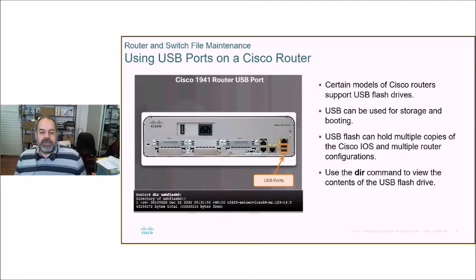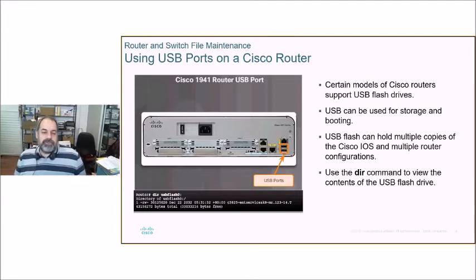You can use USB ports as well. And so our 1941s have USB ports on them, and a USB flash can hold multiple copies of Cisco IOS and multiple router configurations. So you can actually use the dir command to view the contents. So dir usbflash0: and that'll show you what's in there.